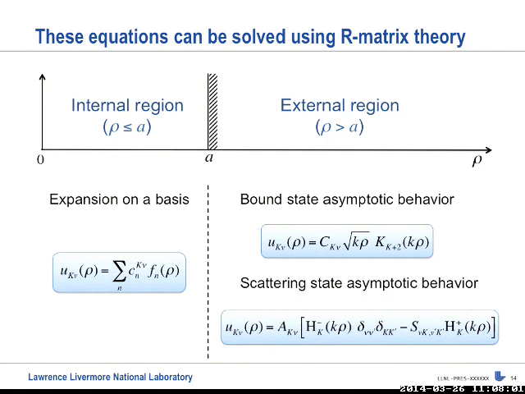If we are considering a bound state, then asymptotically for a neutral system the bound states will look like this, where this is a modified Bessel function in the hyperradius. Instead, if we are considering scattering states, then the hyperradial amplitude will be proportional to the incoming wave, and through the scattering matrix to the outgoing wave.